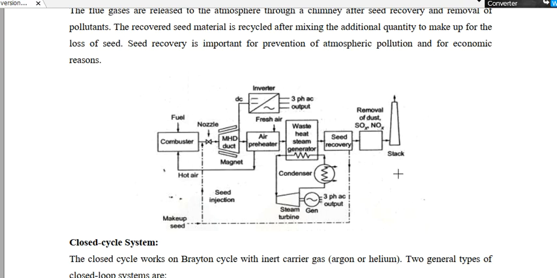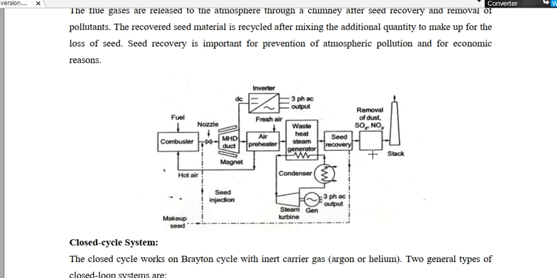And finally, the pollutants are removed from the exhaust gases from which seed is already recovered, and then they are released to the atmosphere.